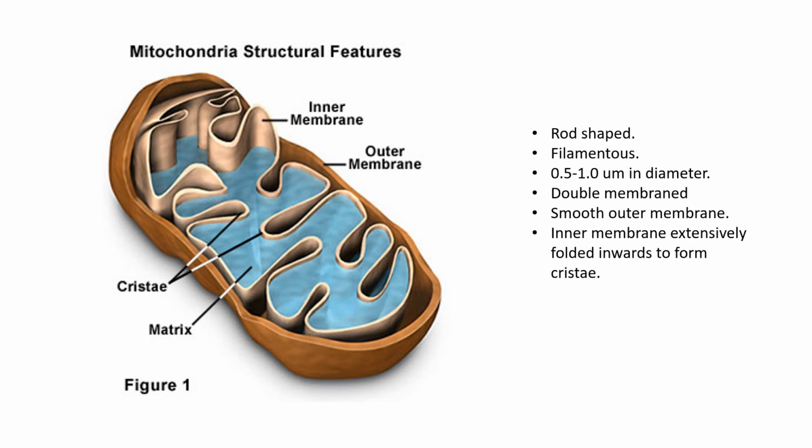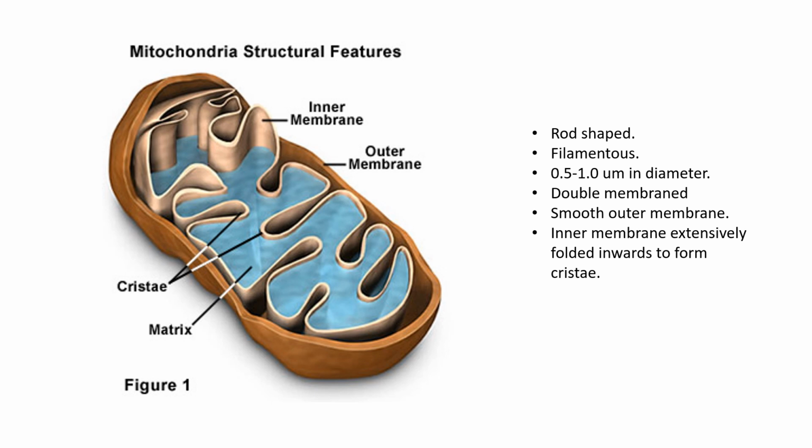So a mitochondria, structurally, is rod shaped, it is filamentous, and it is 0.5 to 1 micrometers in diameter. The outer membrane of the mitochondria is normally smooth, but the inner one is extensively folded inwards to form cristae.